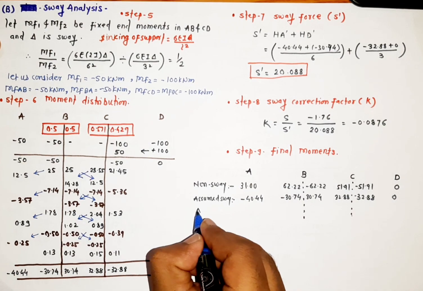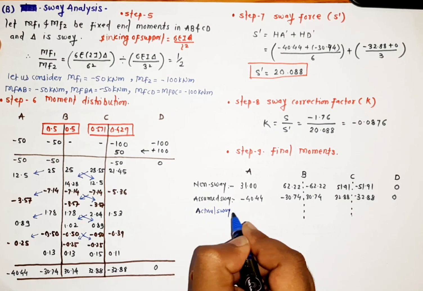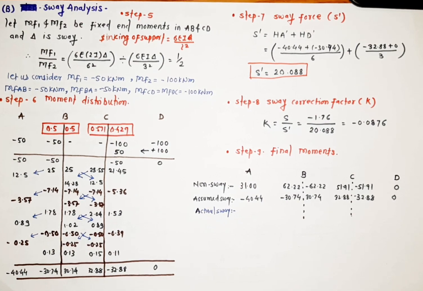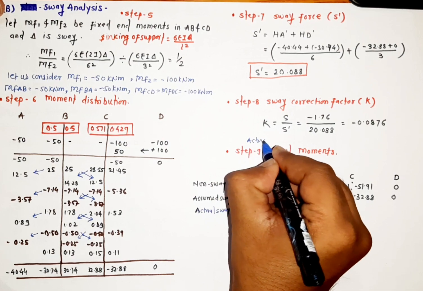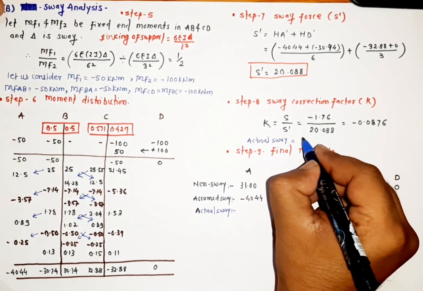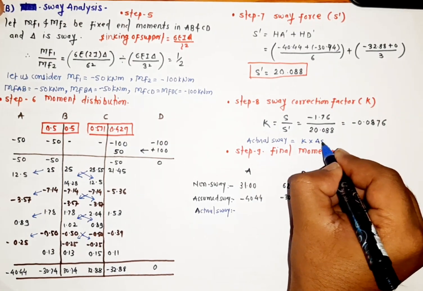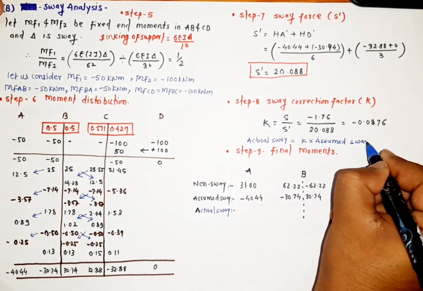So let us calculate the actual sway. How to calculate the actual sway? There is one formula I am writing here. Actual sway is equal to K, that is the correction factor, multiplied by the assumed sway.